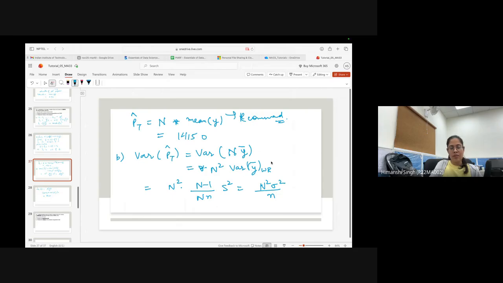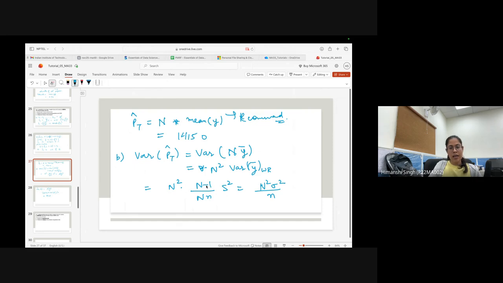Now I'm considering simple random sampling with replacement. Then variance of y bar is given as n minus 1 upon n S square, and N square is as it is. So it is N square into n minus 1 upon n capital S square. That is basically the variance of y bar, which we have studied in the last class.